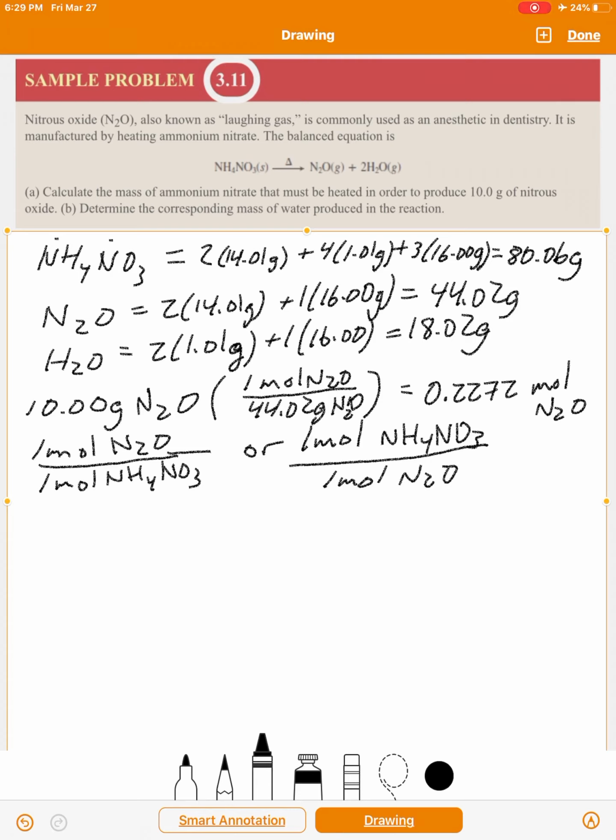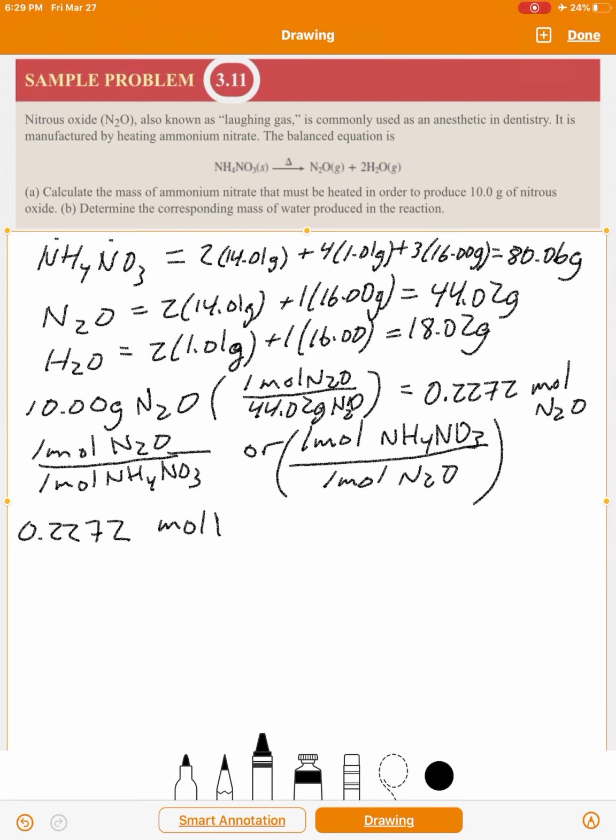It's easy to say NO2, but it's N2O. So which one are we going to use? We know how much N2O we have, 0.2272 moles. We want to know how many moles of ammonium nitrate are going to react to form that N2O. So we're going to pick this one, because that one puts the ammonium nitrate in the numerator.